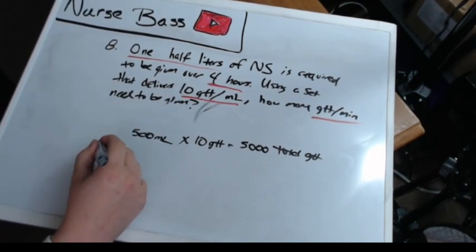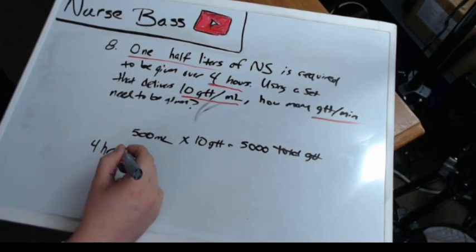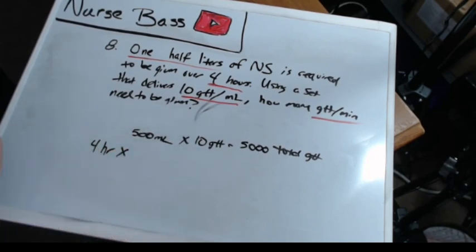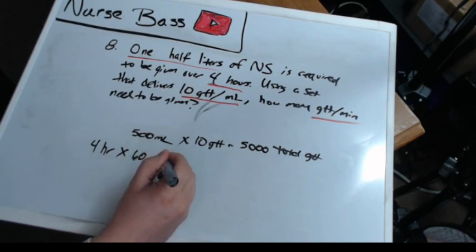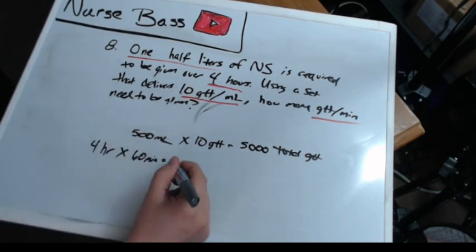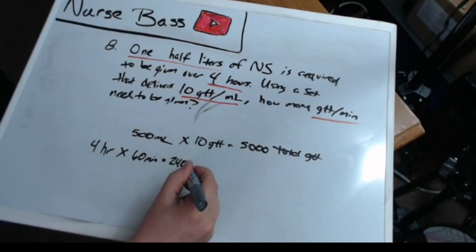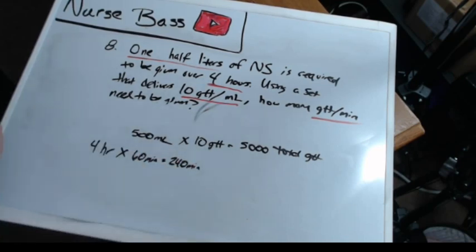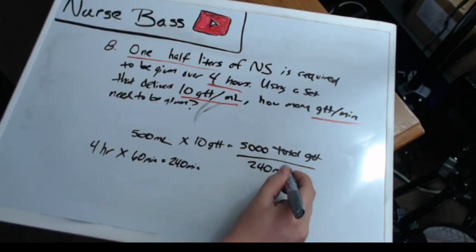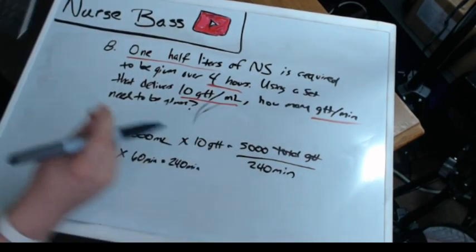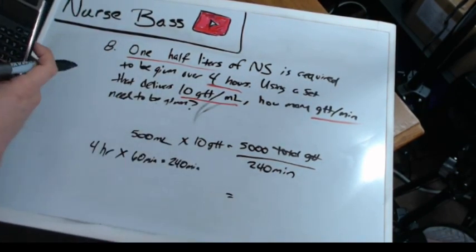You could probably do this in your head, but if you can't, 4 hours times how many minutes are in an hour? 60 minutes, to give you a total of 240 minutes. We need to give 5,000 total drops over 240 minutes. So you simply do that calculation.